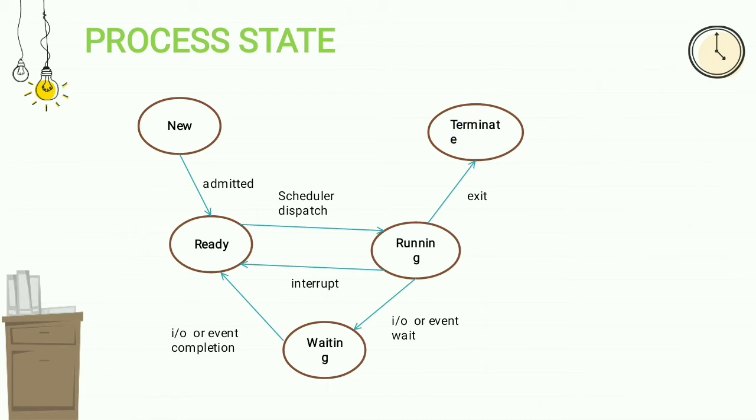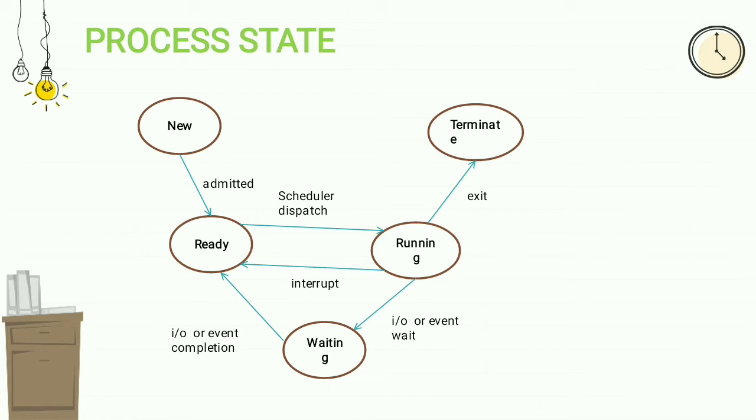In the previous scenario we have seen how the program will become a process when it is fetched to the primary memory. When the program is fetched from hard disk to the primary memory, you can consider that as a new state. When the program enters the primary memory, it will become a process, right? So the state is called a new state when the program is fetched to the main memory.